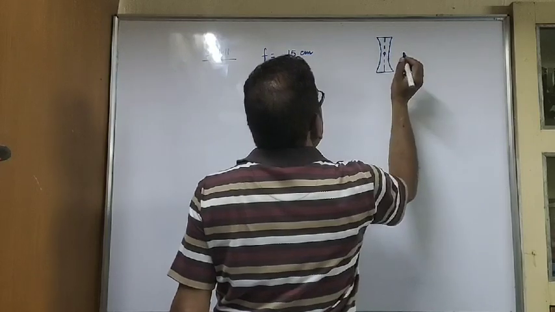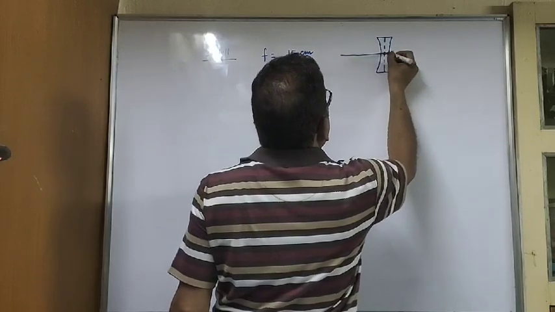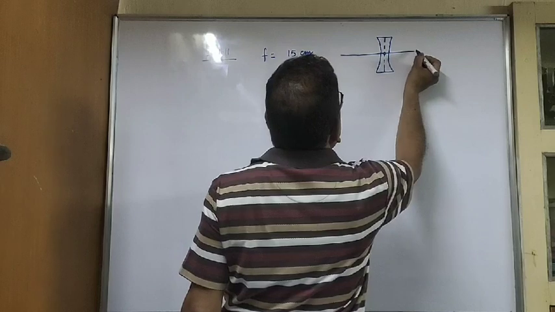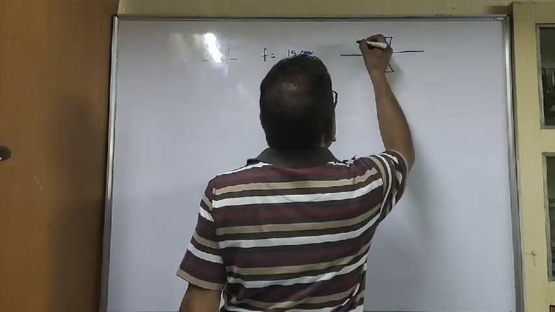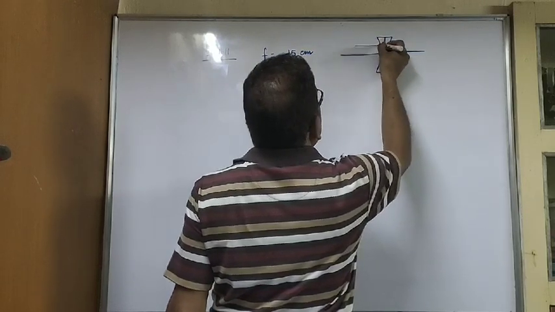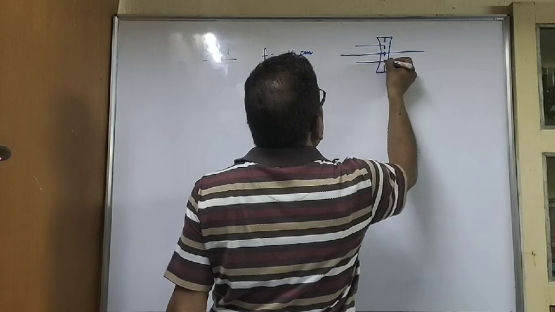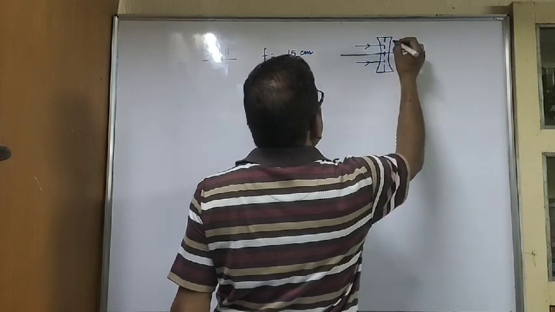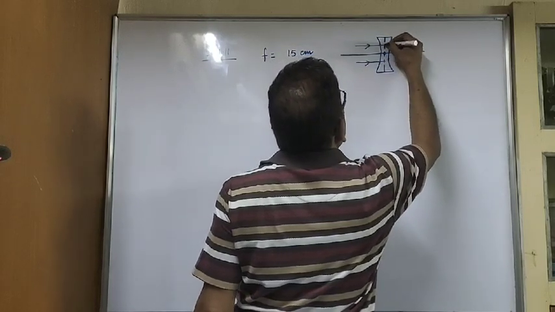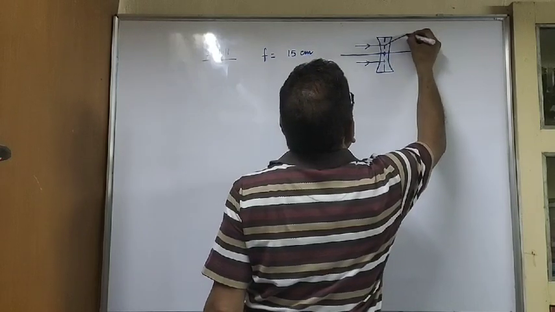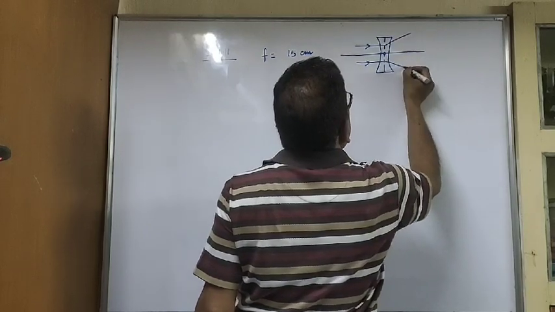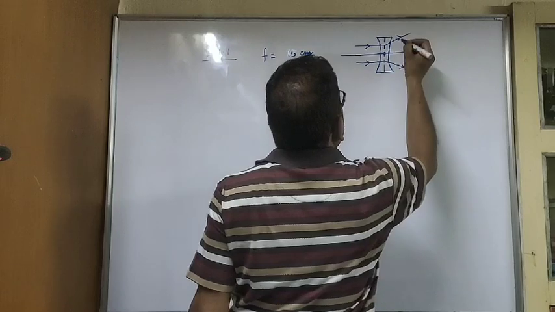This is the optical center. So when a ray of light falls on it, suppose these are the rays falling on a concave lens, the rays after refraction will diverge like this.